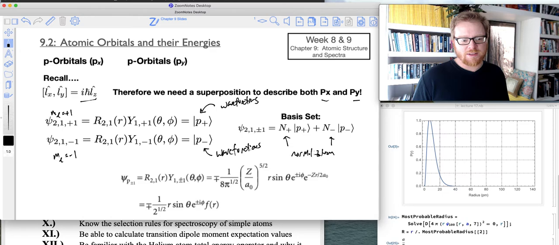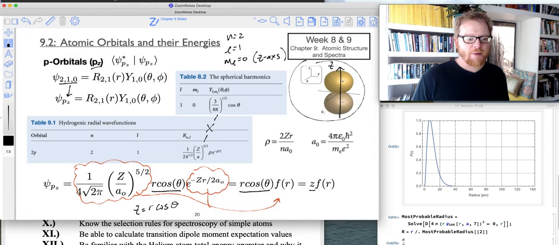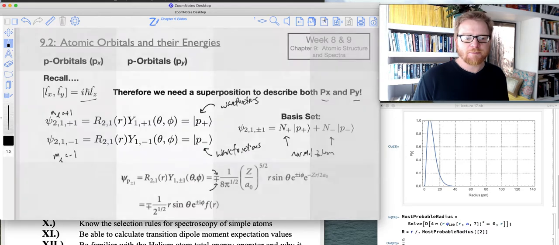So remember, when it's plus up here, that corresponds to minus there. And when it's minus down there, that corresponds to the plus right there. And then, of course, it's the same situation up here, okay? So what's pretty cool about all of this is if you compare, we've got this Z over a to the 5 halves, we've got this 1 over pi to the 1 half, and if I back up and show you this, there's that Z over a to the 5 halves, and this other collection of constants, okay?